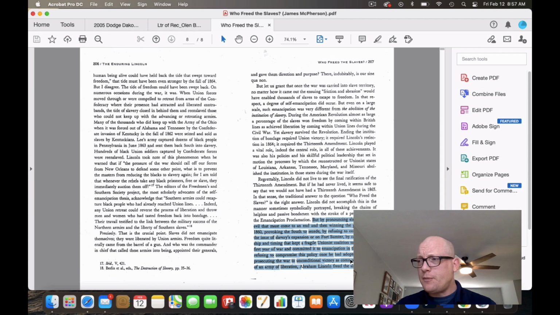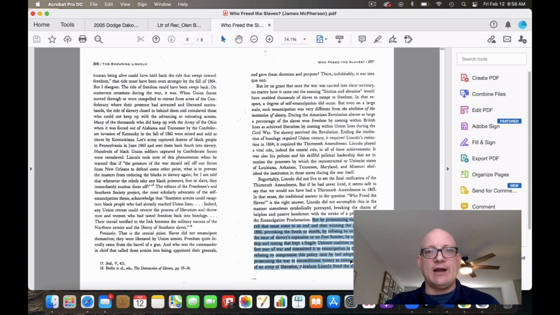In other words, by not coming to some terms of agreement with the Confederacy, okay, but instead pushing through to victory, complete and total victory that allowed the federal government of the United States to dictate the terms of the South's return.